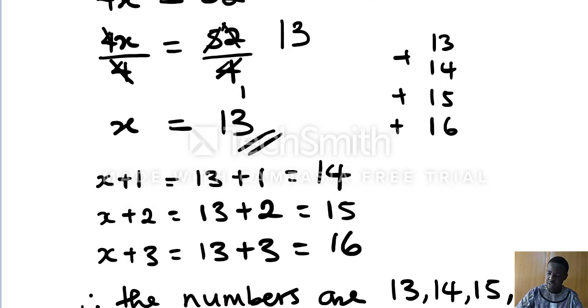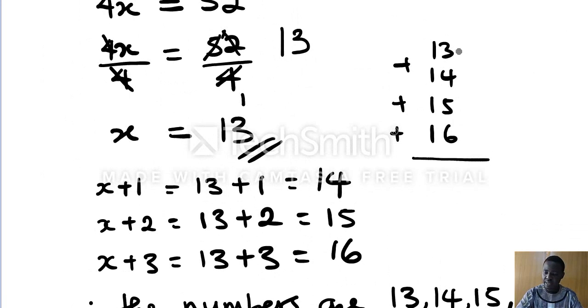So let's sum this. 3 plus 4 is 7. 7 plus 5 is 12. And 12 plus 6 is what? 18. So you write down 8 and carry 1. This is 1, 2, 3, 4, 5. Bringing an answer to what? 58. And if you look at it, are they actually consecutive numbers? Yes, because this is 13, 14, 15, and 16.